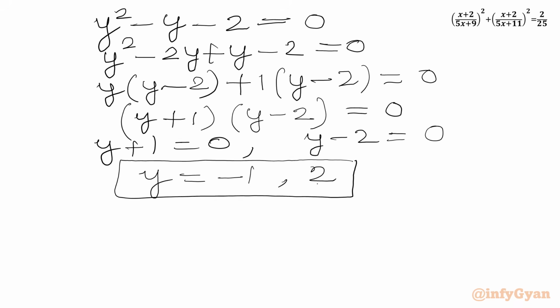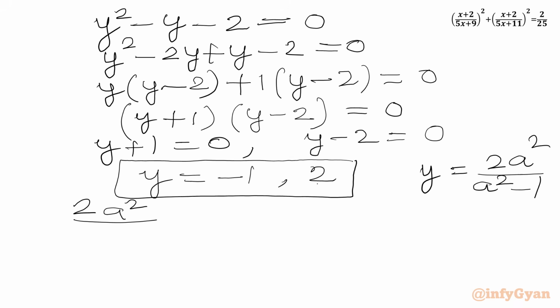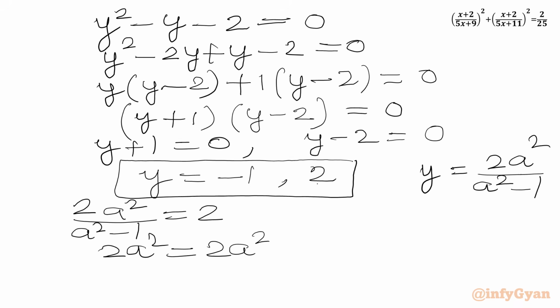Now we will put back our y. y is 2a squared over a squared minus 1. So I will write 2a squared over a squared minus 1 equal to 2 first. Let's cross multiply. 2a squared will be equal to 2 times a squared minus 1, which is 2a squared minus 2.